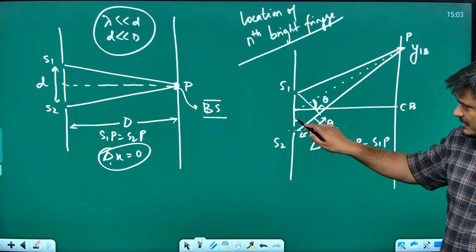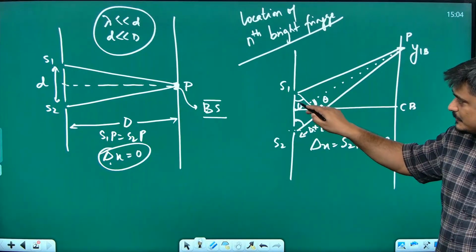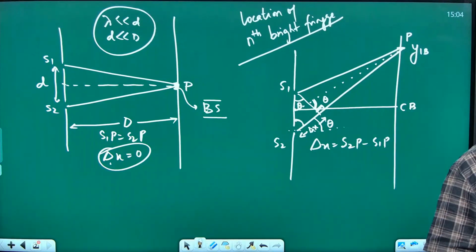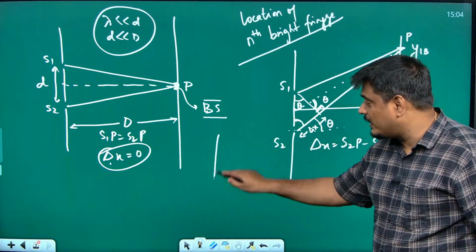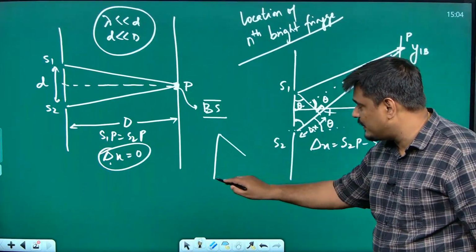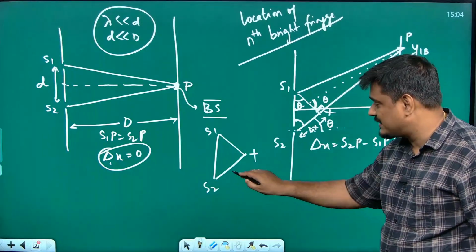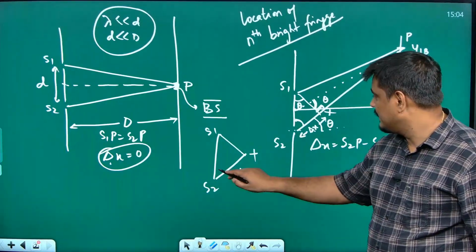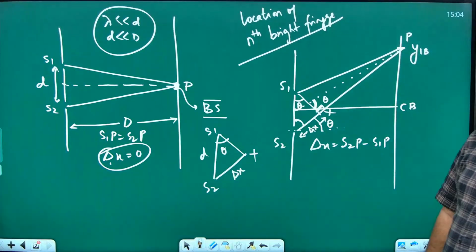If this is 90 minus theta and this is 90, this will be theta. Have clarity of the geometry. So in this triangle S1, S2, and this point, this is S1, this is S2, this is delta x, this is small d, and this will become theta. Do you agree with me?